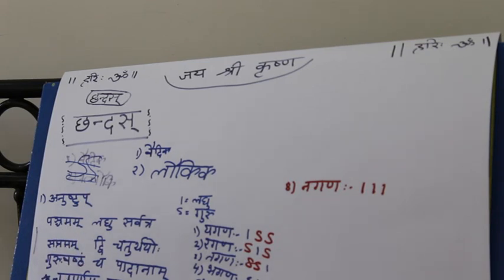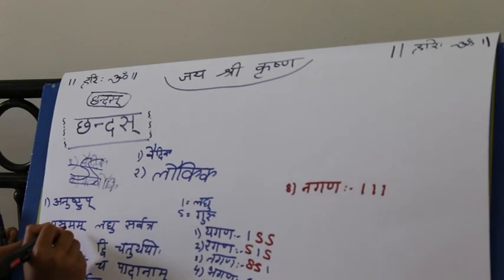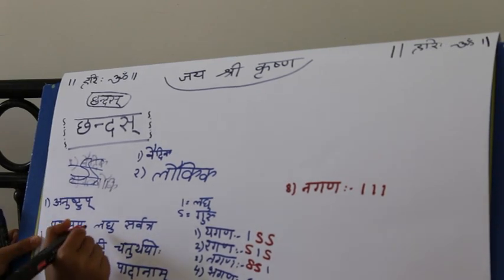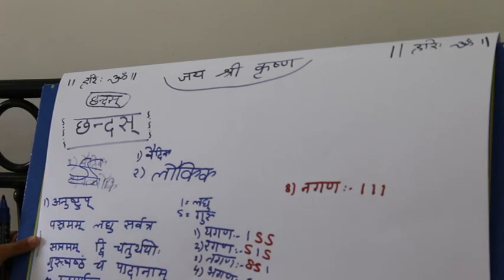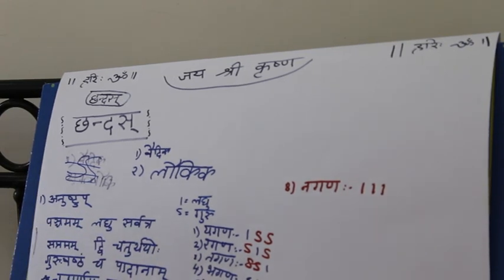When we come to the shloka, we can see 1, 2, 3, 4 and 5. Laghu and Guru are basically very easy to understand. Laghu is anything short, like ma, mi, mu and such things. Guru is anything long, like maa, mee.